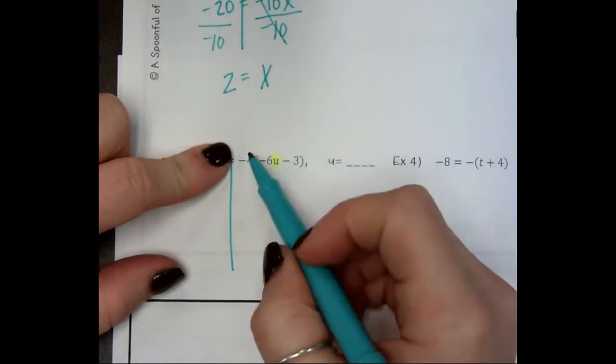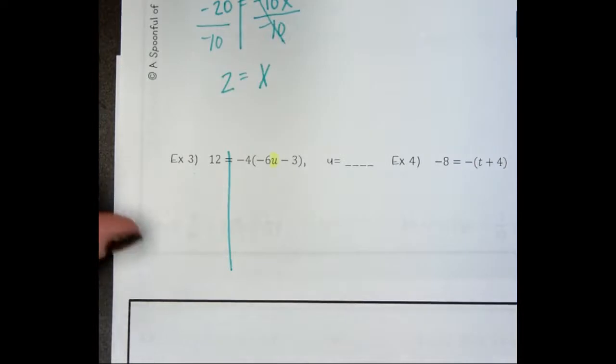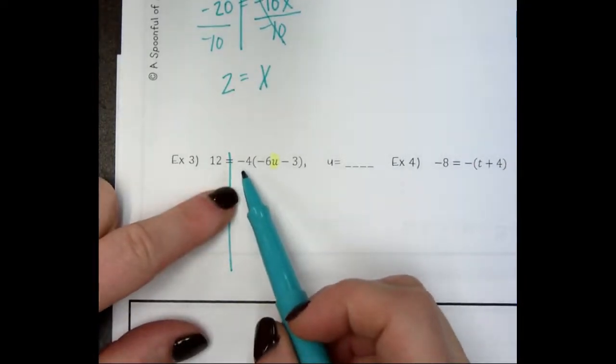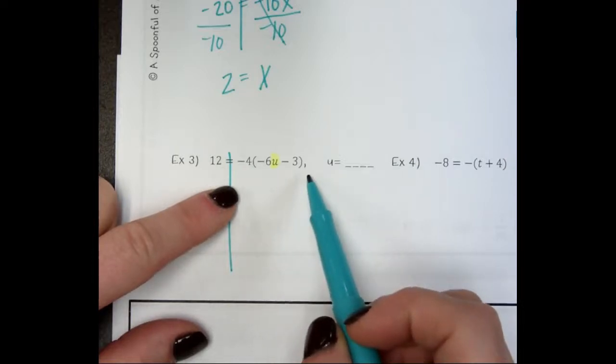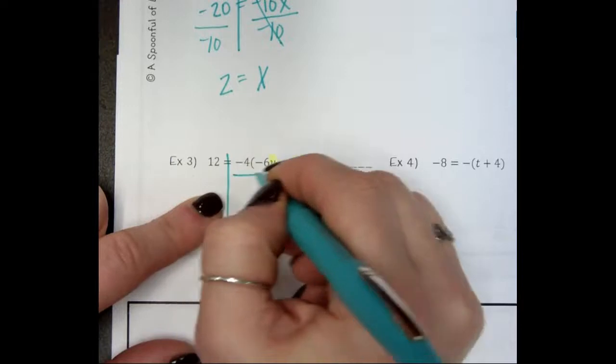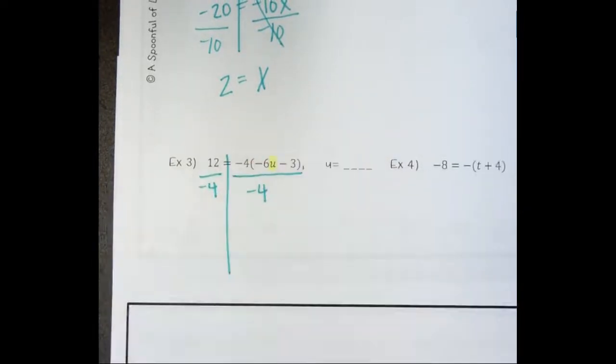I can distribute the negative 4 inside the parentheses, or I know that this means negative 4 times everything that's inside of here. So I could do the opposite of times and divide both sides by negative 4, and that's going to keep me from having to distribute. Sometimes distributing is going to help you. You're going to have to think about it.